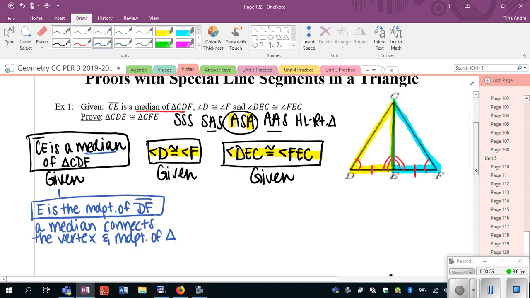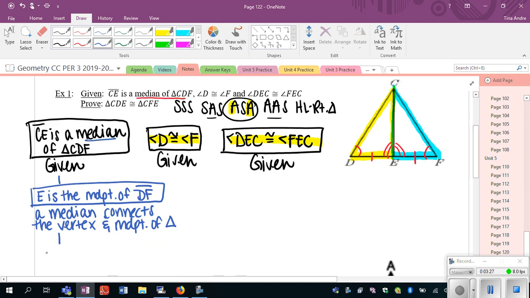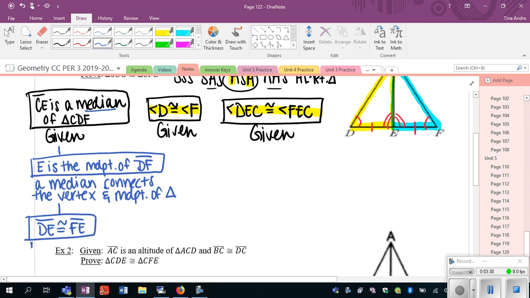So then since I had a midpoint, that allowed me to say DE is congruent to FE because midpoints imply 2 congruent segments. So essentially, I wrote out 2 steps here, but essentially I'm just saying if you have a median, well, then you're always going to get the 2 congruent segments because medians always connect to midpoints.